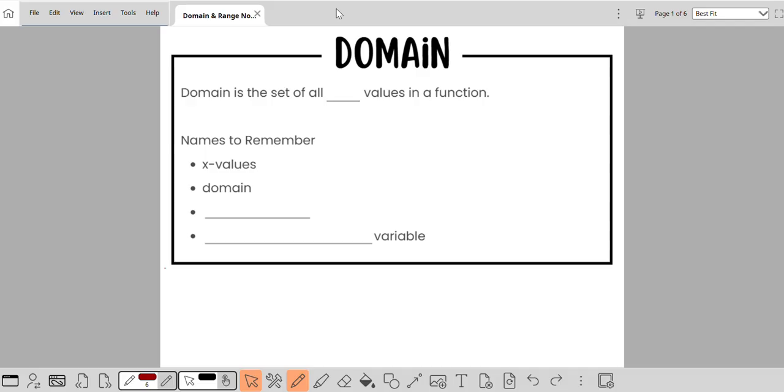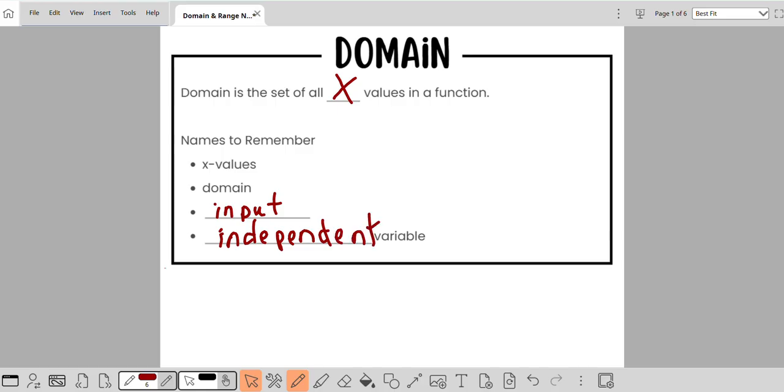The domain is the set of all x values in a function. And there are several names that you're going to need to remember, okay? So x values, domain, is also known as the input and is the independent variable.